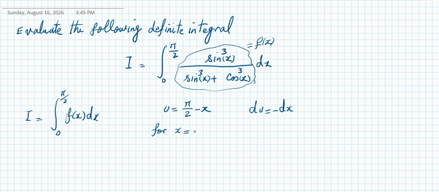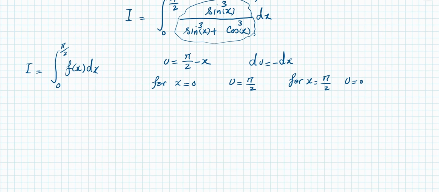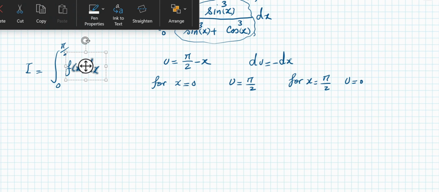For x equal to 0, u is pi over 2. And for x equal to pi over 2, u is 0. So we change the variable x to u, and we find this integral.